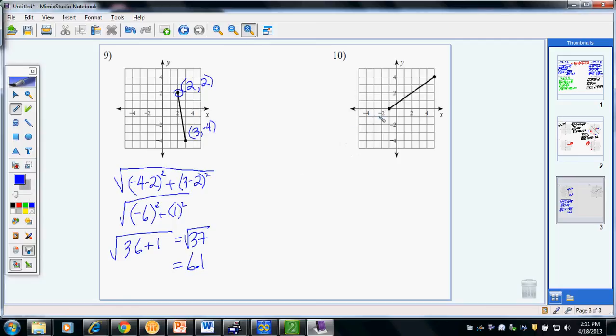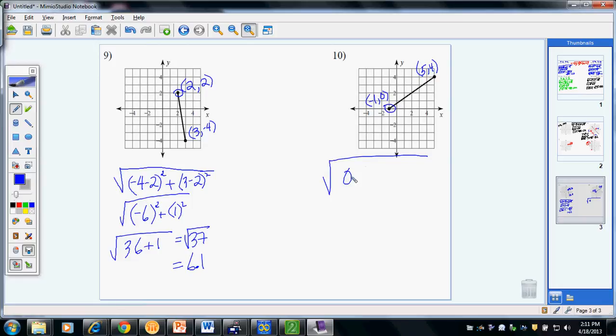Alright, and so for the last one, our ordered pair here is going to be x is -1, y is 0. And over here we have x is 5, y is 4. So we have, let's say this is our y2 and this is our y1.